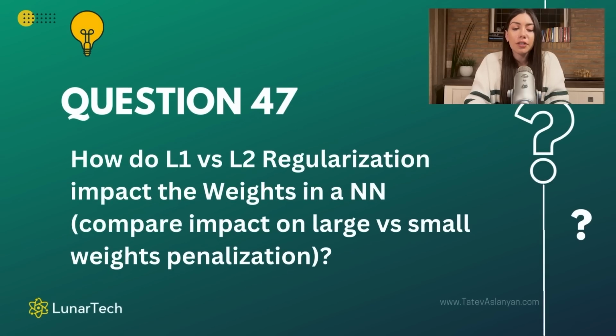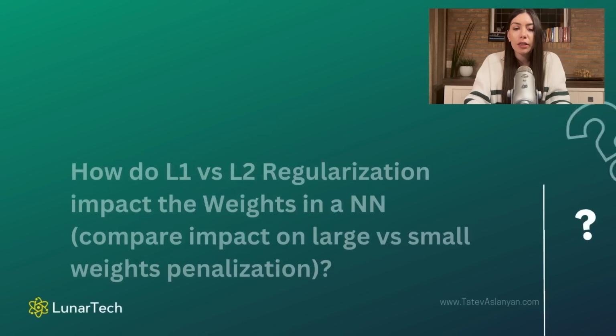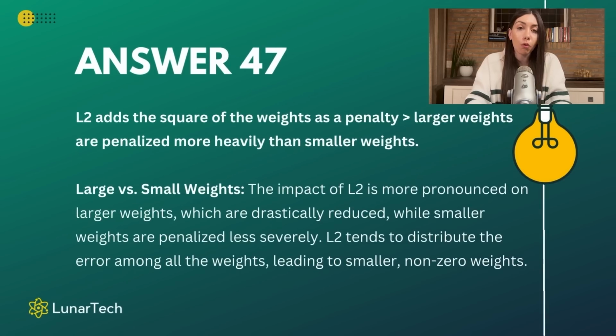The next question is, how do L1 and L2 regularization impact the weights in a neural network when it comes to comparing the impact on large versus small weight penalizations? So here, we can just summarize at a high level, given that we went into detail in the previous two questions, that L2 adds the square of the weights as a penalty.